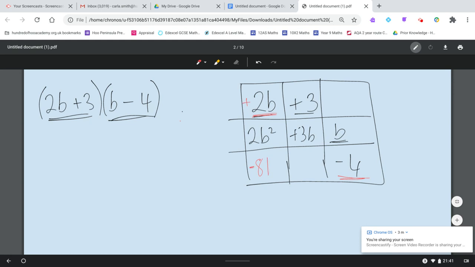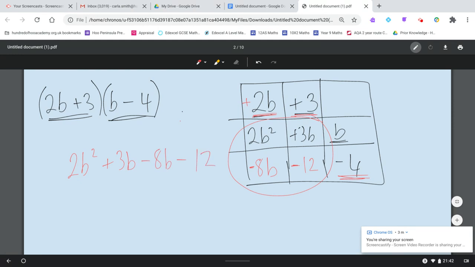And then you've just got a b there, so that's not going to change at all. And then lastly, you've got positive 3 times negative 4. Well, 3 times 4 is 12. The positive and the negative is a negative overall. So getting these 4 terms gets you 1 mark usually. 2b squared plus 3b minus 8b minus 12.